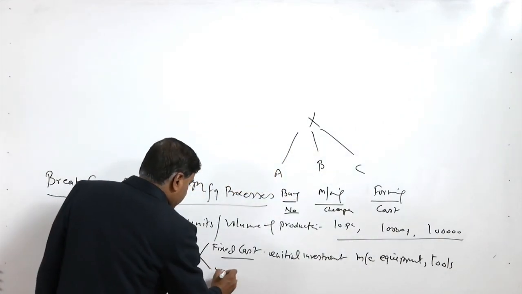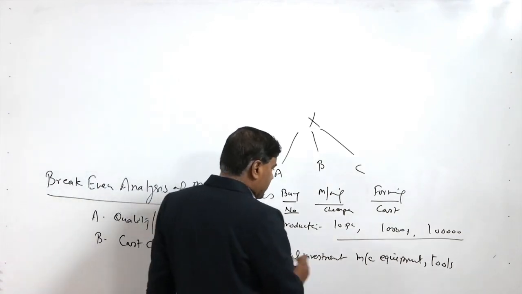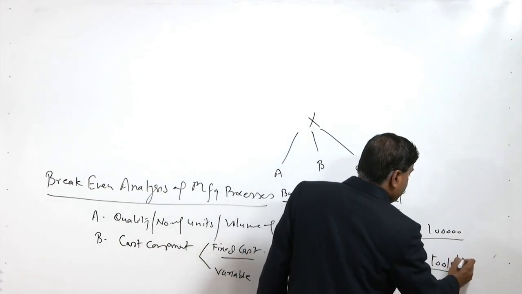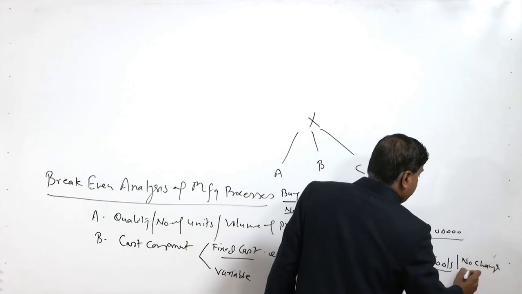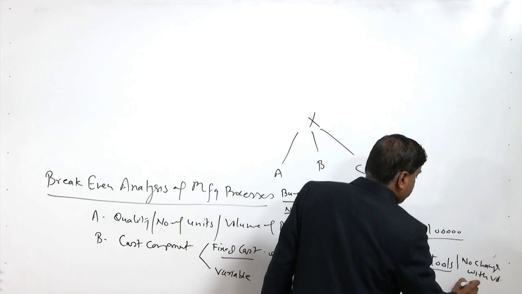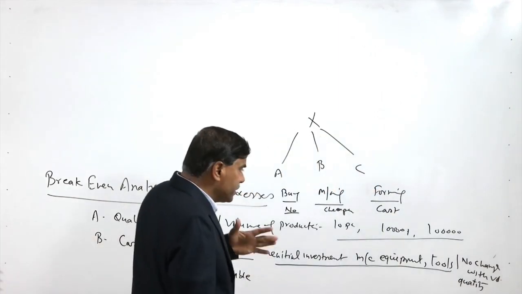This is called fixed because it does not change with the volume or the quantity to be produced. It remains fixed; it does not change with the number of units or the quantity to be produced.